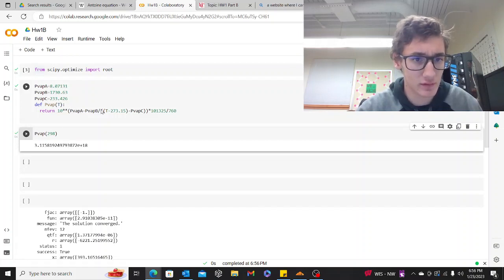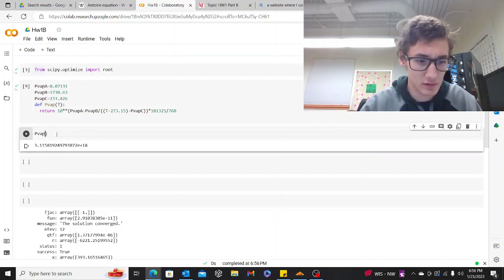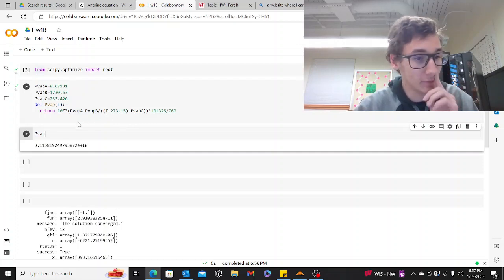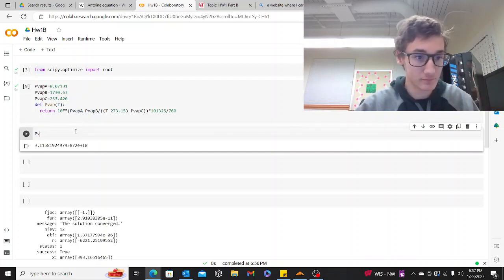We can come back to this if it comes to it. Actually, with 273, that would make sense, as this would be really small. So it would be 10 to the power of A minus B divided by almost 0. Anyway, let's just leave this alone.